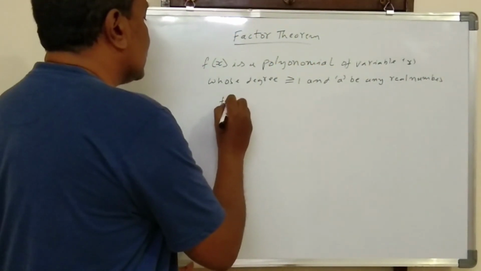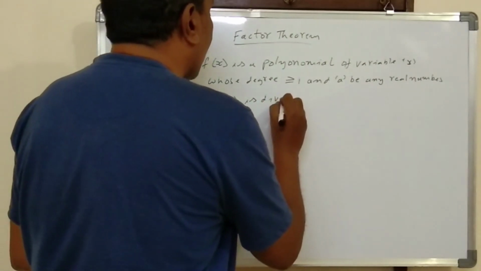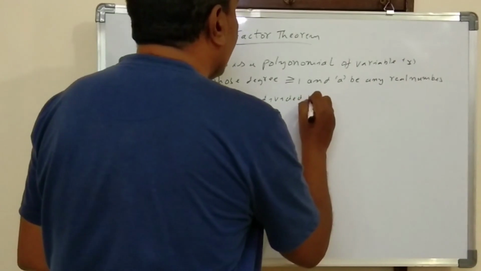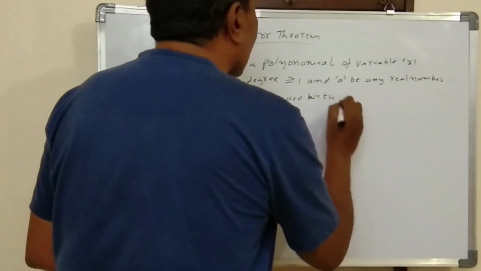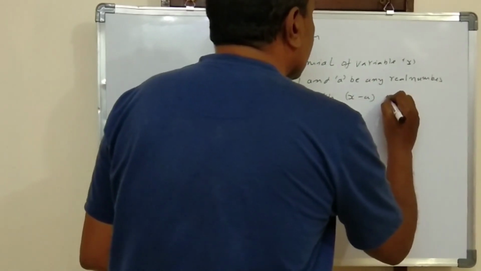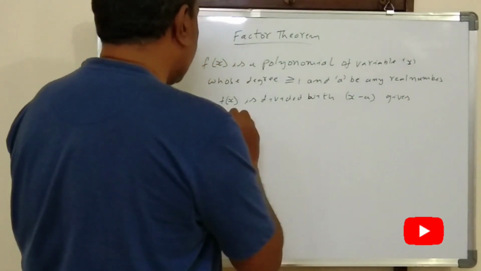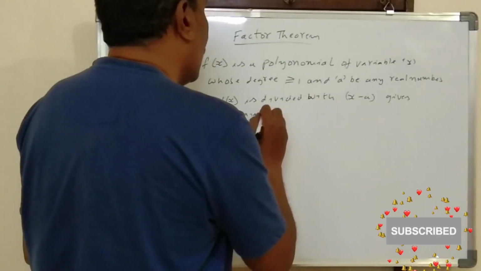If f(x) is divided with x minus a, gives a remainder. You know what is the remainder?